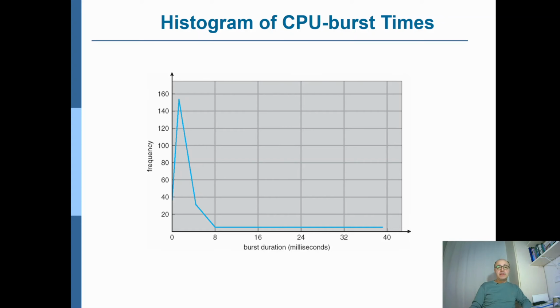If we plot this in a histogram where the x-axis is the duration of the burst, typically in milliseconds, and the y-axis is the frequency of observing CPU bursts of this length, we see that most of the CPU bursts are quite short, and as the burst size increases, the frequency of observing such bursts is almost negligible.